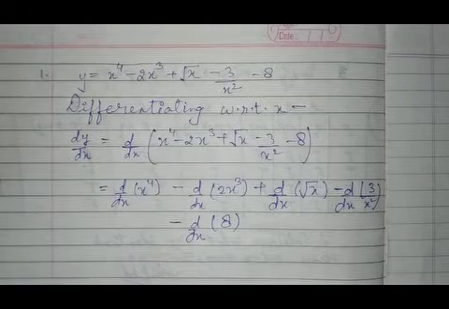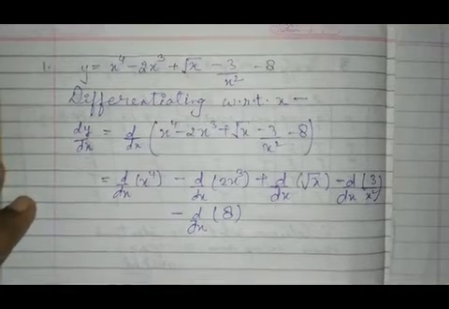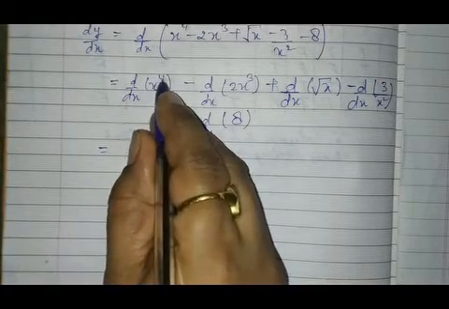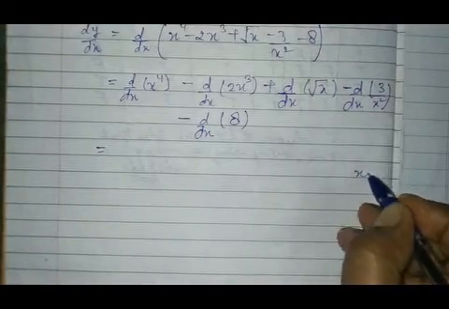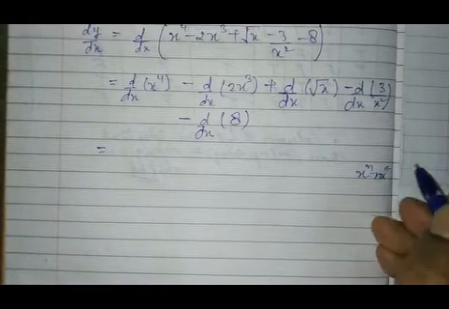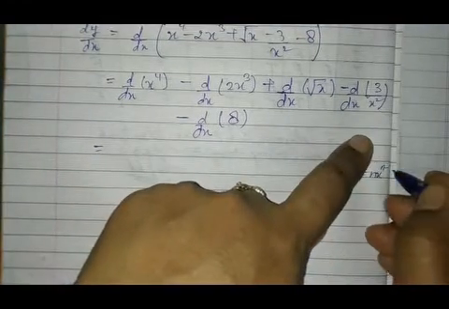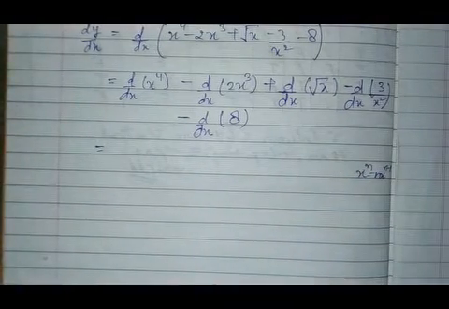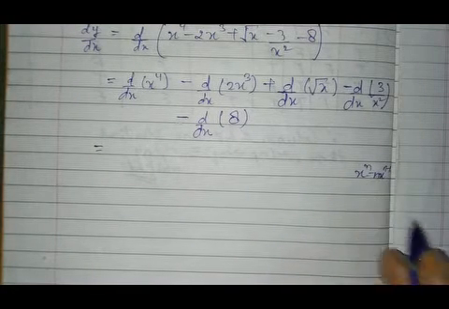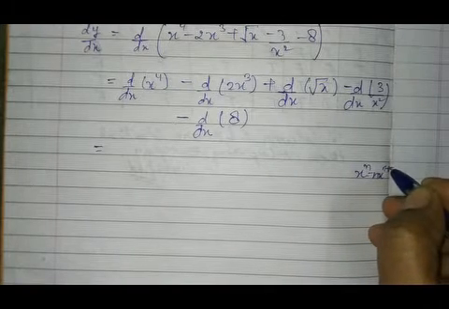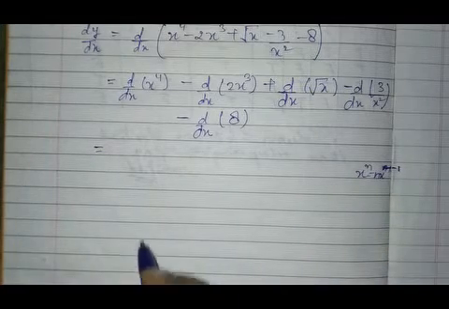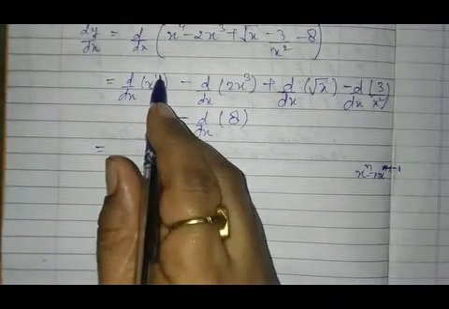See now, d by dx of x raised to 4. Here we will use the formula: derivative of x raised to n equals n x raised to n minus 1. So what is n here? 4.